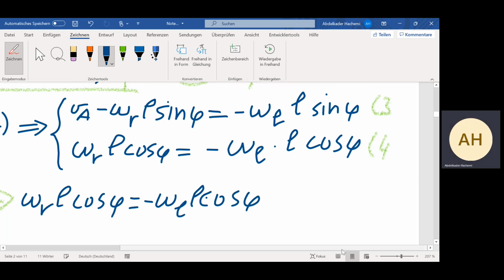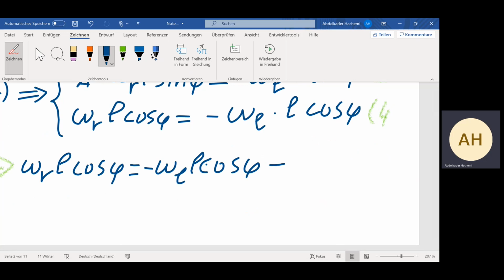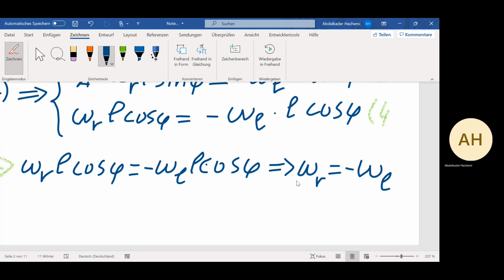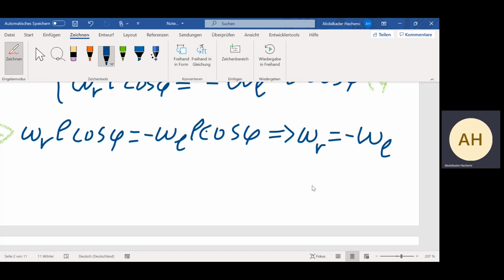Then it means we get omega r is only minus omega L. Then they have the same magnitude, but opposite directions.